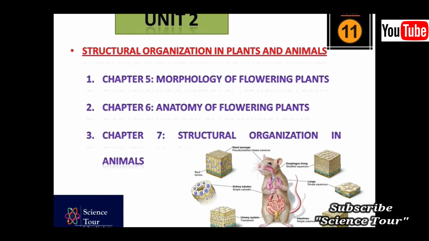Then chapter number 7, structural organization in animals. Here you will study about animal tissues, organs and organ systems, like the digestive, circulatory, respiratory, nervous and reproductive systems of earthworm, cockroach and frog.